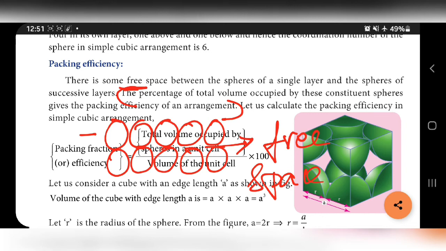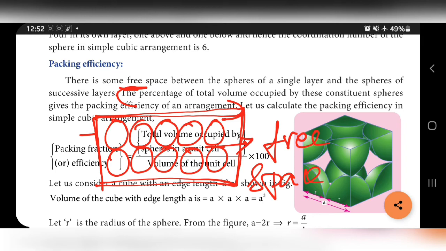If we consider this structure, not all the volume is occupied by spheres. Only some of the volume is occupied by the spheres, so the remaining volume is left unoccupied.